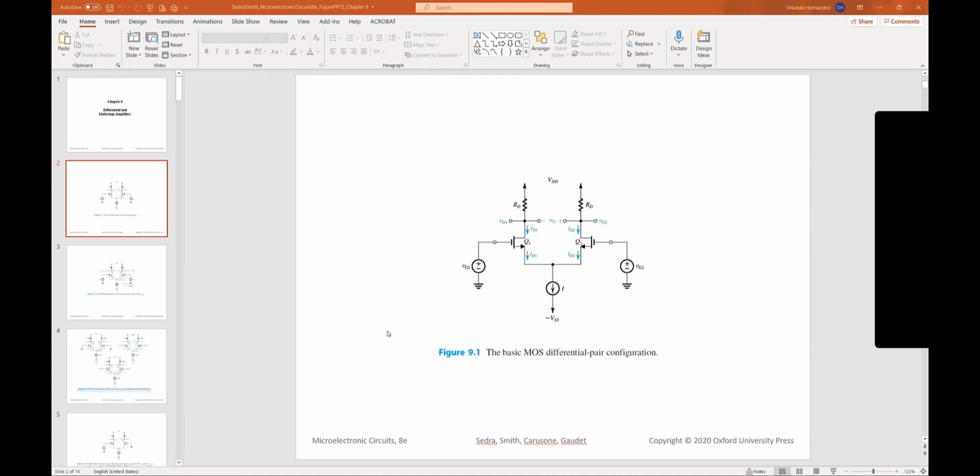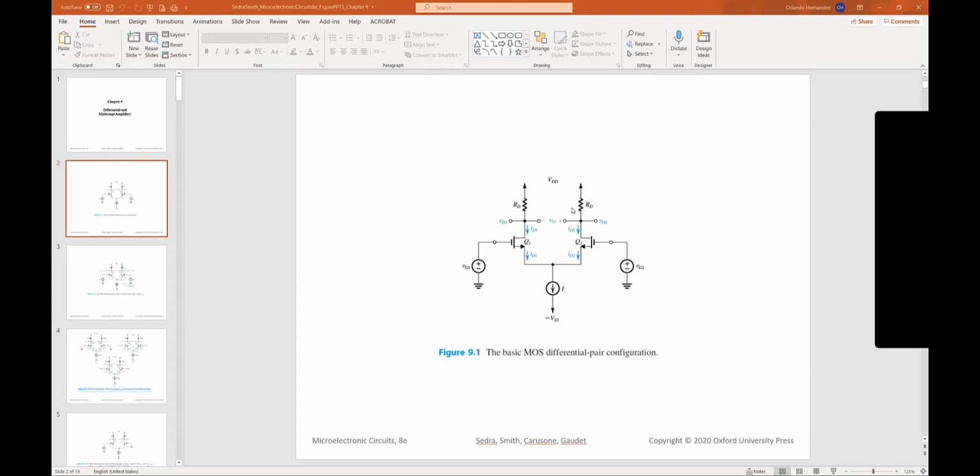This is made of two transistors in common source configuration, biased with drain loads, and the inputs go into the gates of the transistors. That makes the basic differential pair, at a very, very basic level.